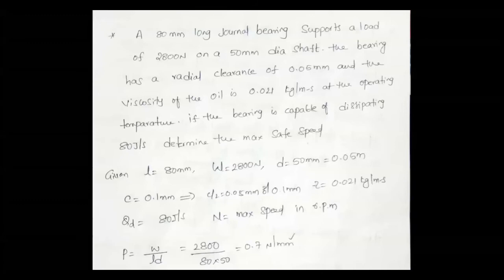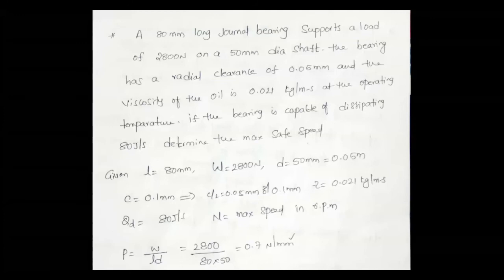Very good. Now try to identify the given data that is available on your screen. Length of the bearing is 80 mm, load is 2800 newtons, and diameter is 50 mm.